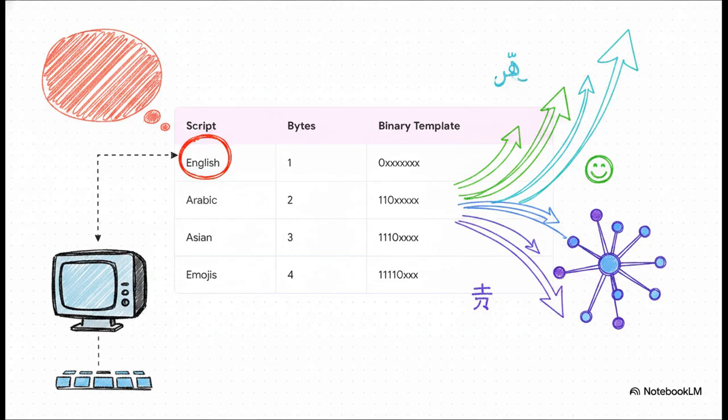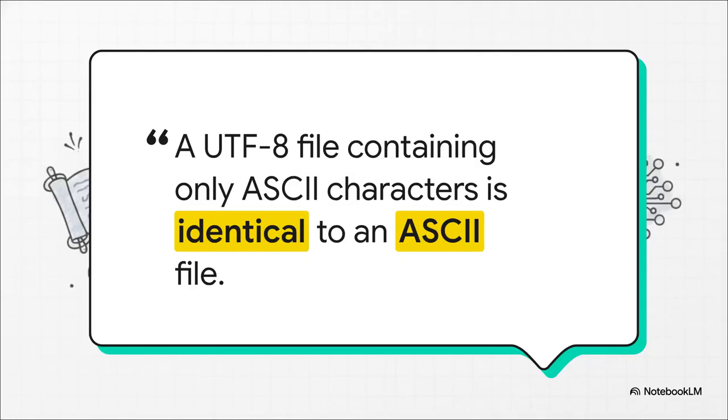For English characters, the underlying binary always starts with a leading 0. That 0 acts as a secret passcode to guarantee backward compatibility with 1960s 7-bit ASCII. The system basically reads that 0 and says, okay, treat this exactly like an old-school ASCII character. And because of this incredibly elegant engineering hack, a UTF-8 file containing only ASCII characters is, bit for bit, totally identical to an old ASCII file.